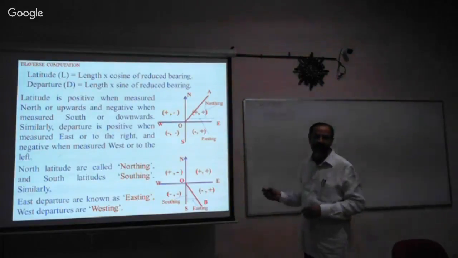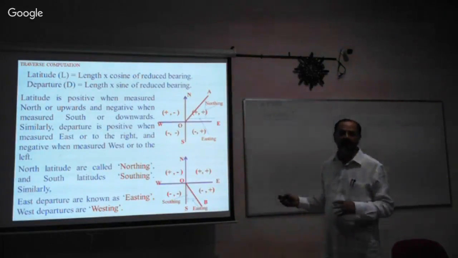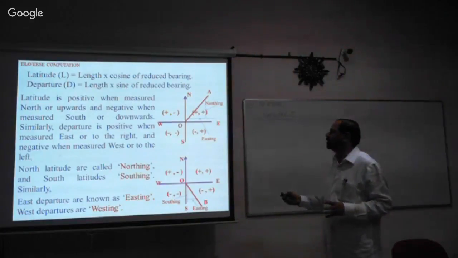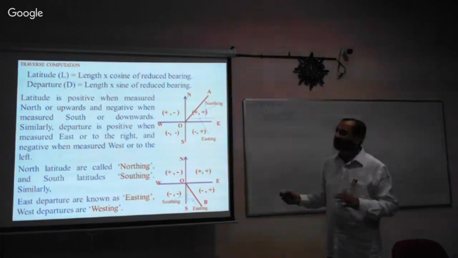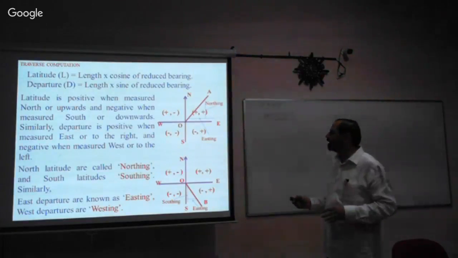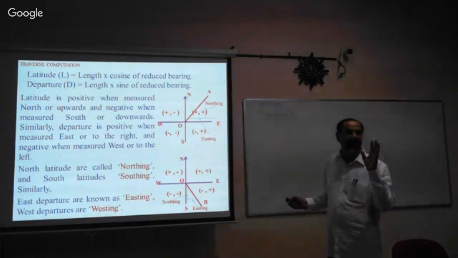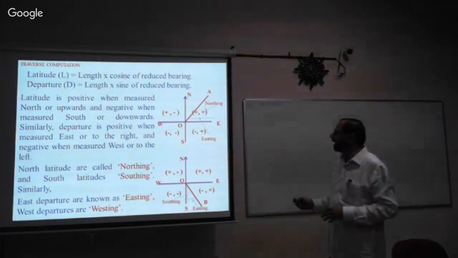North-south coordinate, east-west coordinate. Let us be very careful in doing this. Don't worry about the positive, negative; that will come back later. First, let us know how to calculate the latitude and departure, depending upon how you are considering the triangle. In the triangle, normally this becomes theta.